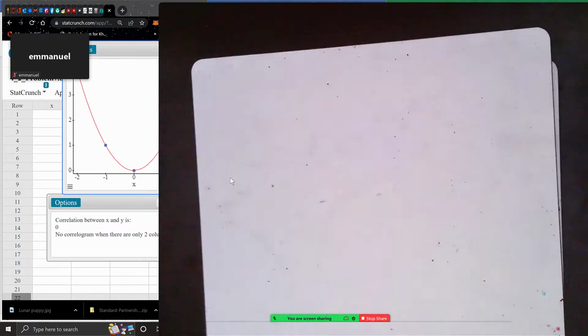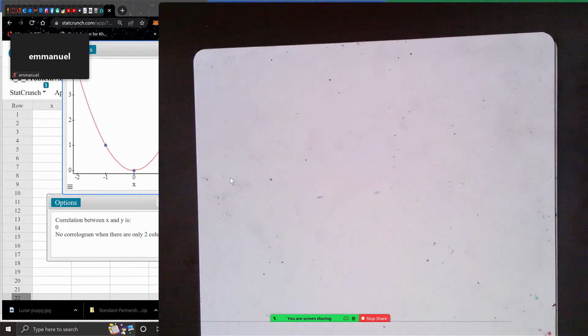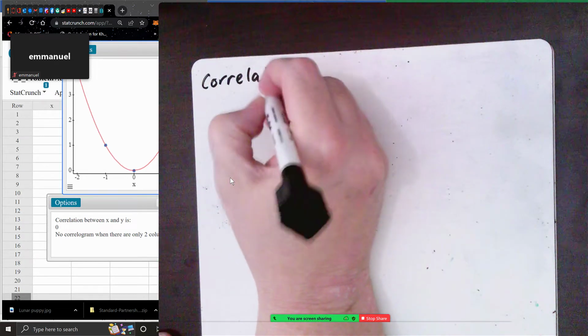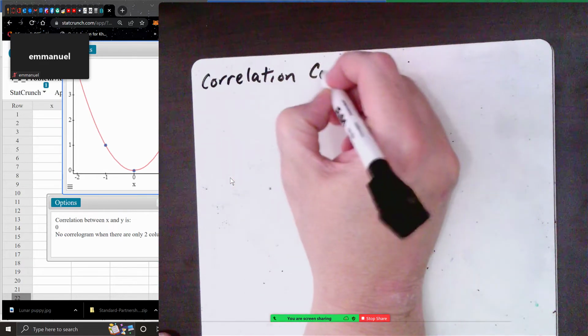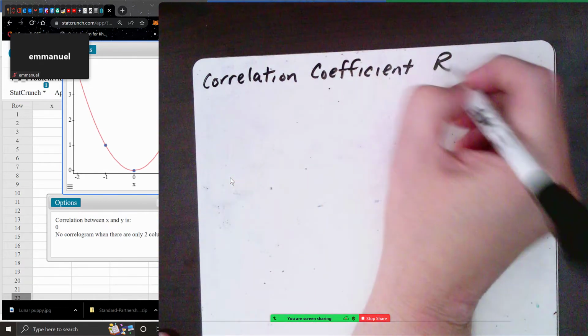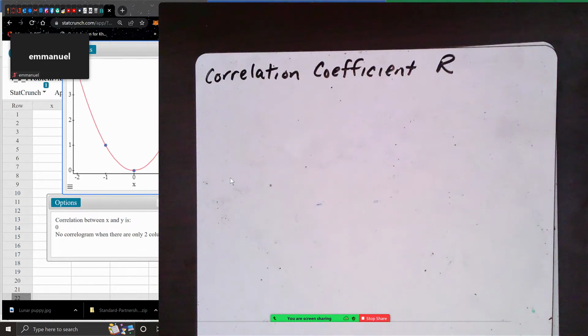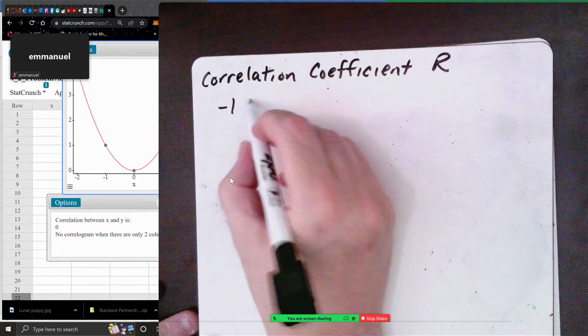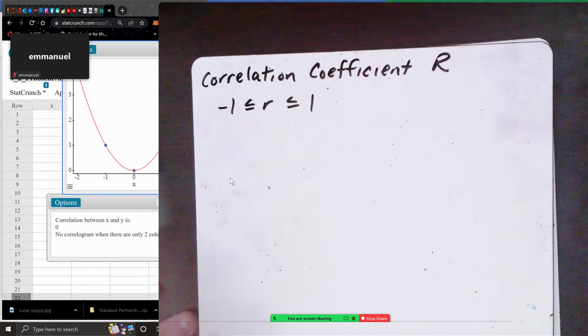So this correlation coefficient R, what do we need to know about it? So it's got some properties. R is always between -1 and +1.